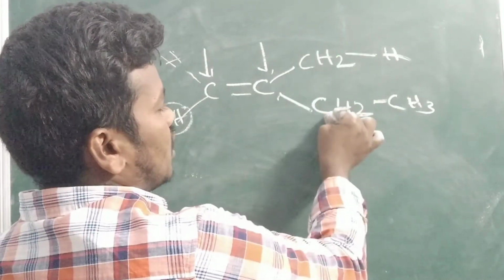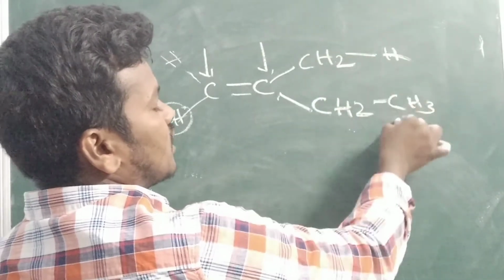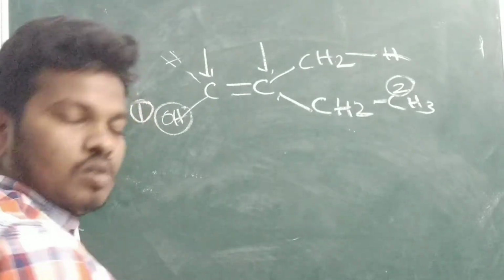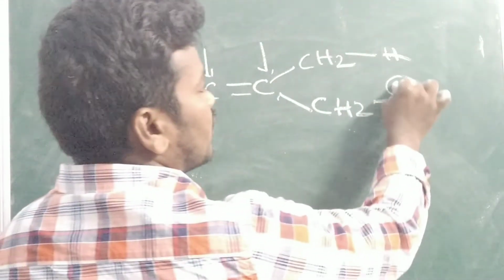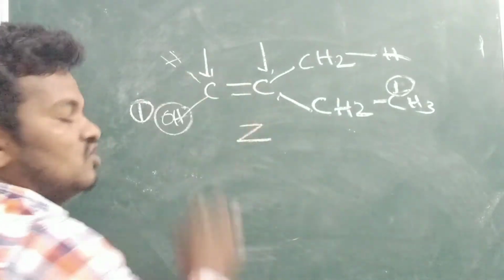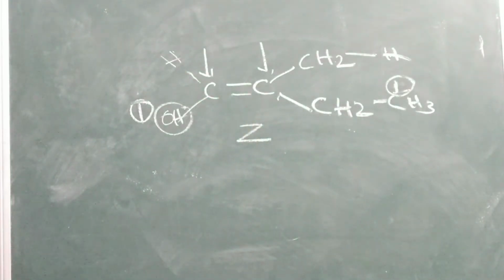So carbon to carbon, hydrogen, here carbon is high. Then we have to go with the priority. So priority 1 is on the same side. This is called a Z isomer.